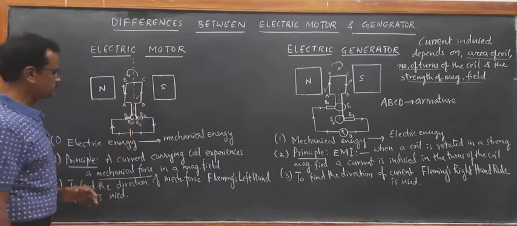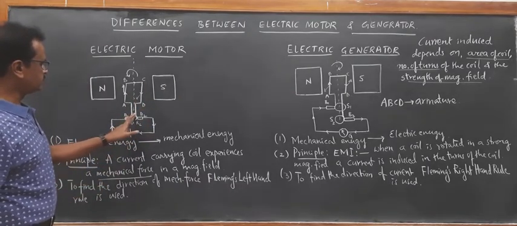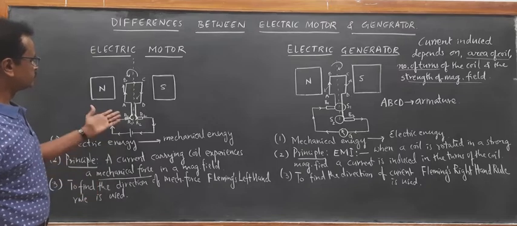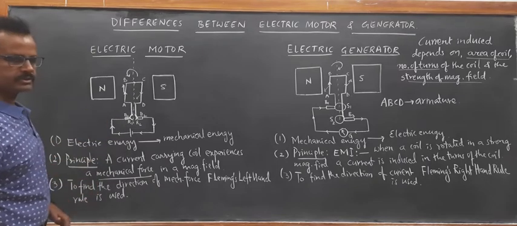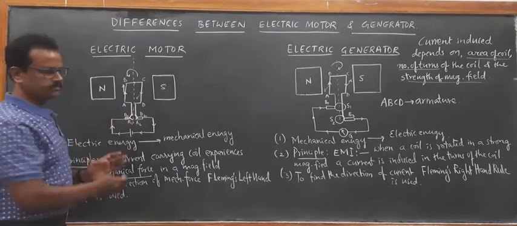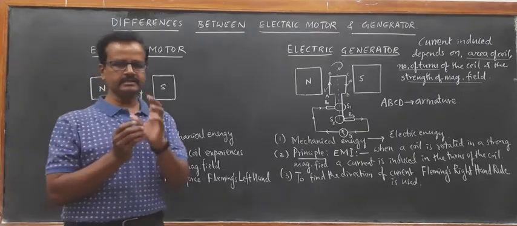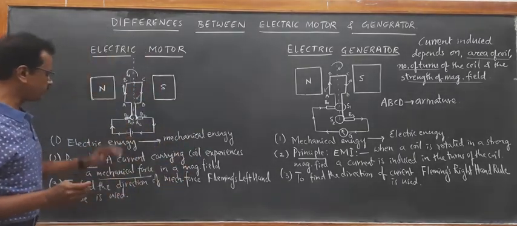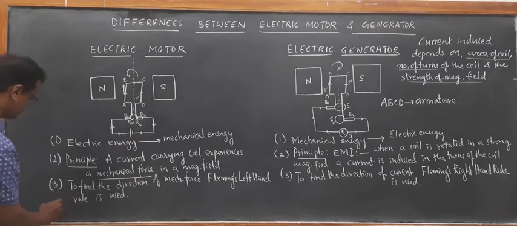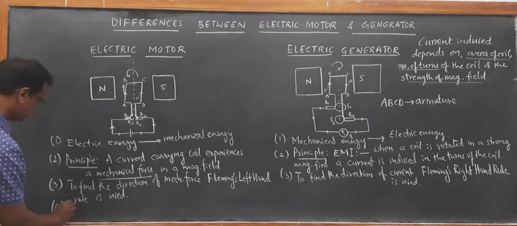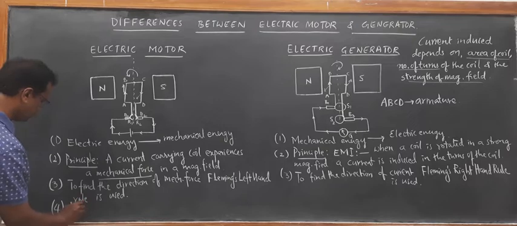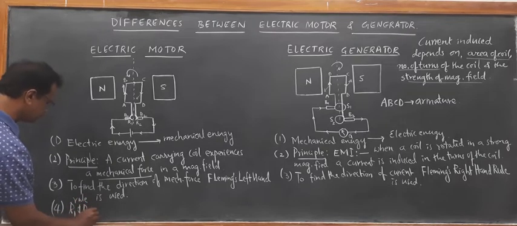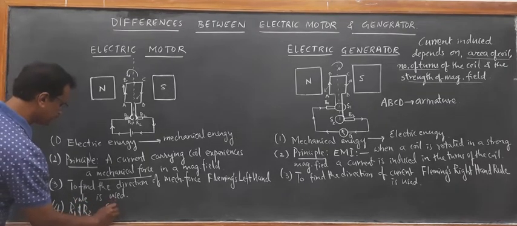Similarities are there. Now, here in this DC motor, a split ring is used. A single copper ring is cut into two halves, and we use R1 and R2 as split rings.